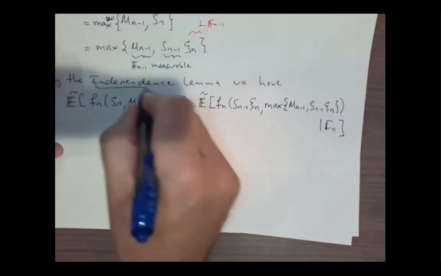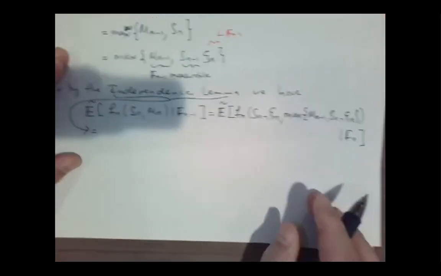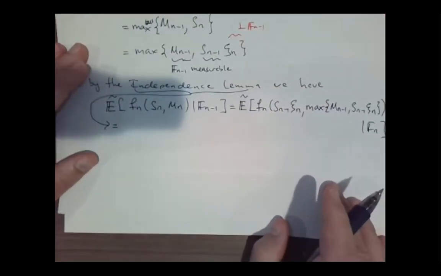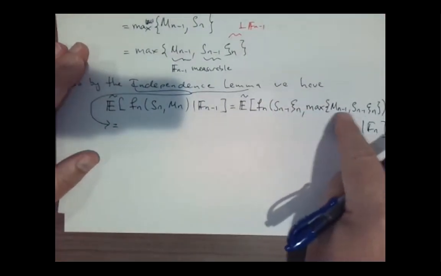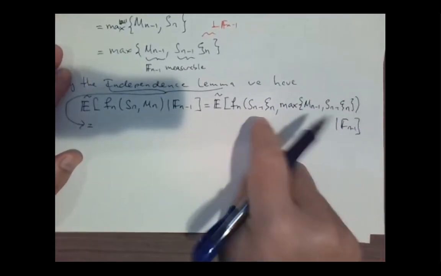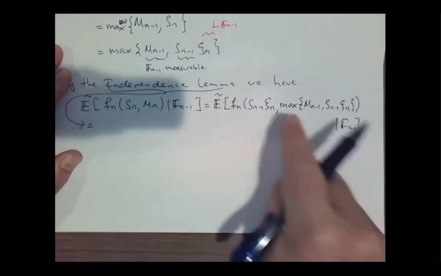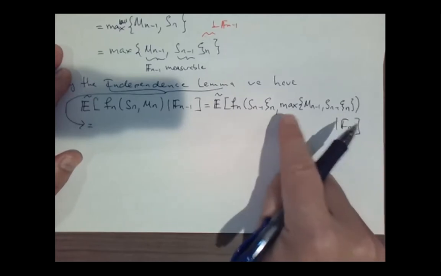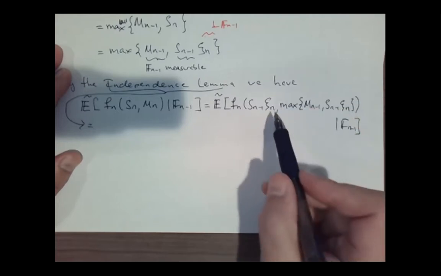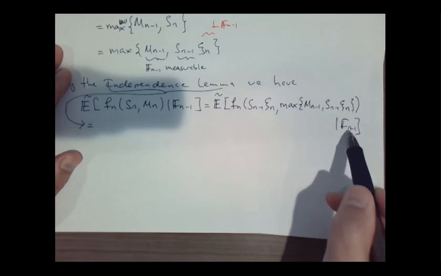So the independence lemma is going to come in this equality. Anything that is measurable with respect to Fn minus 1, you replace, and then you take the average over the rest. The only thing that is not measurable is my psi n, which is independent, so I take an average.